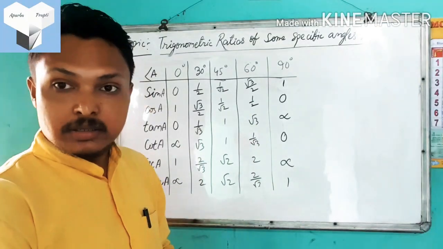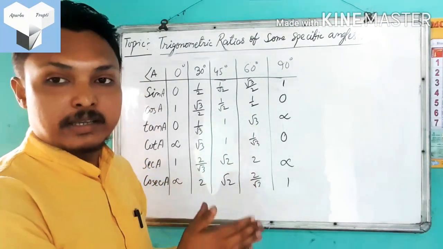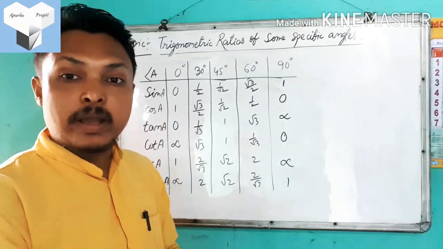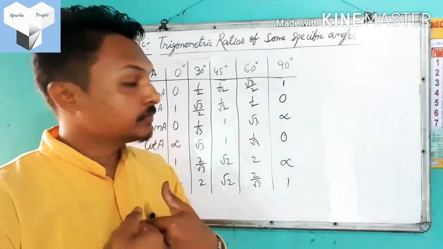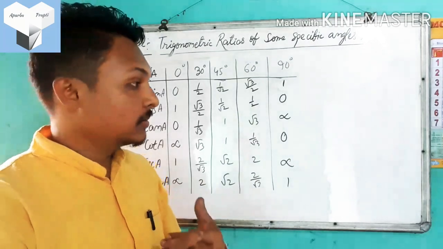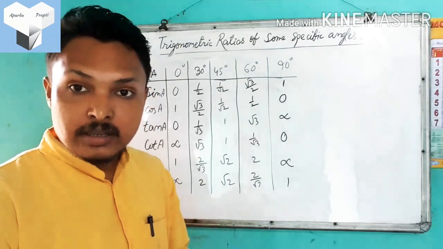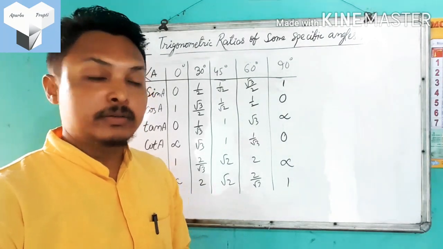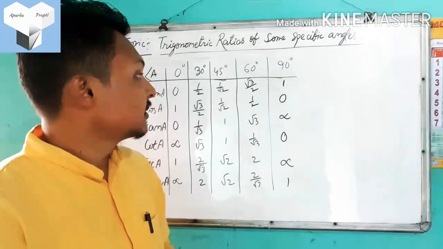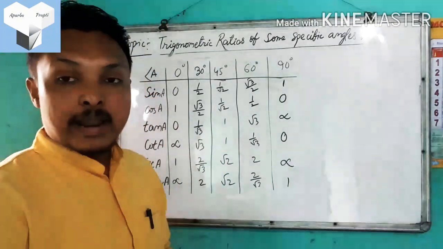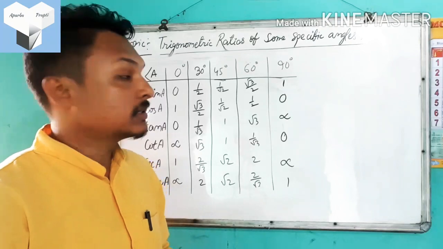Now your task is, you must memorize this anyhow, but first of all you have to know the process of finding trigonometric ratios, and then you have to understand. After proper understanding, you need to memorize them. So here is the table. Here finally I will give you the trick of memorizing this table.